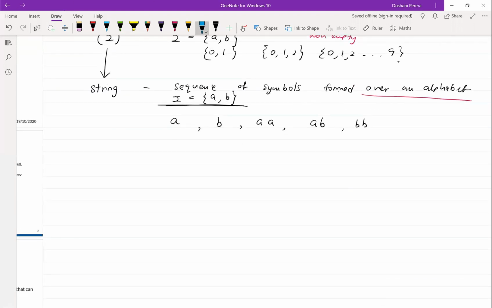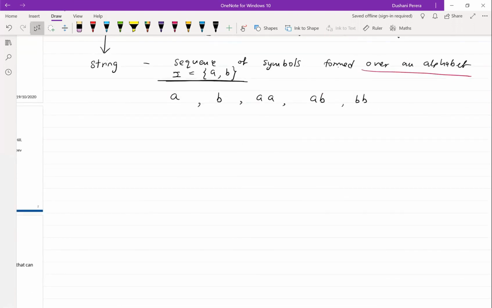You see that this A, the first string that we formed over the alphabet, is of length 1. This is also 1. And then there will be strings of length 3, length 4. So you understand that strings could be formed of different lengths on an alphabet.